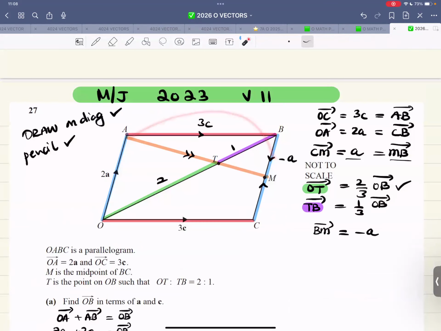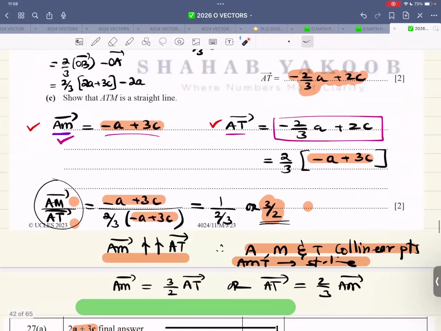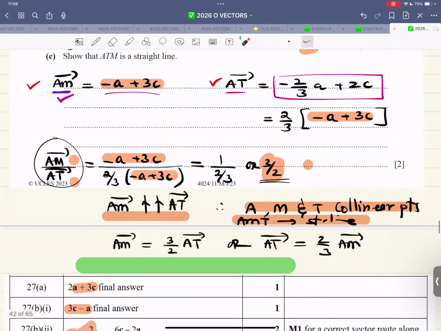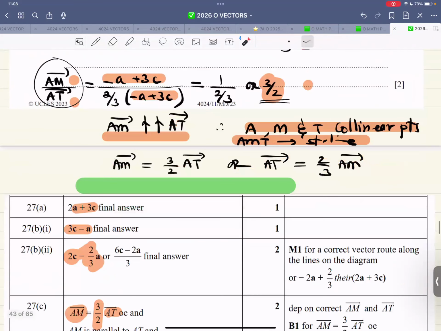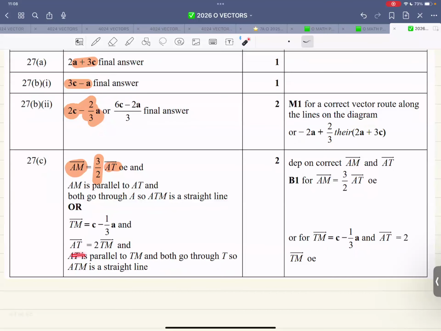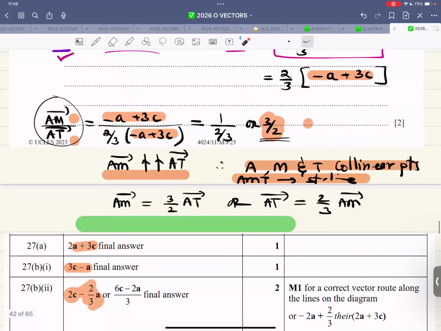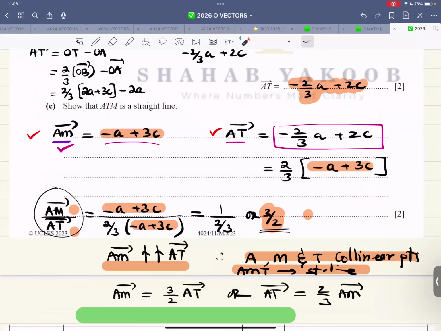That is the ratio that you are getting. And AT is parallel to TM, both go through T. ATM is a straight line, the way that I've explained it over here. And let me check EB plus BT. Yes, you can also go this way.